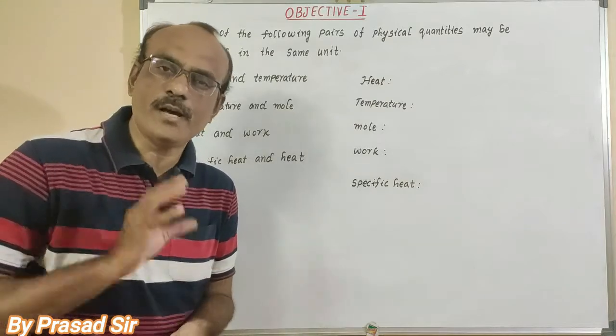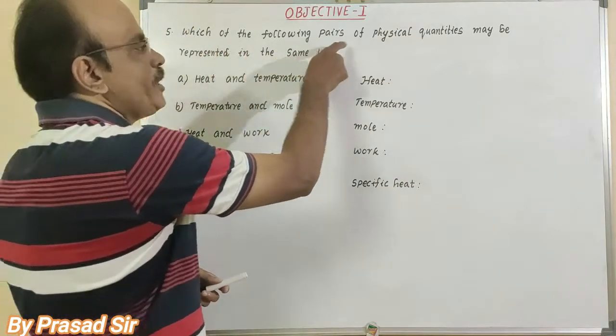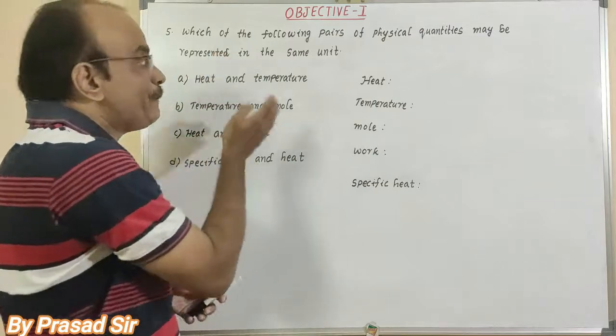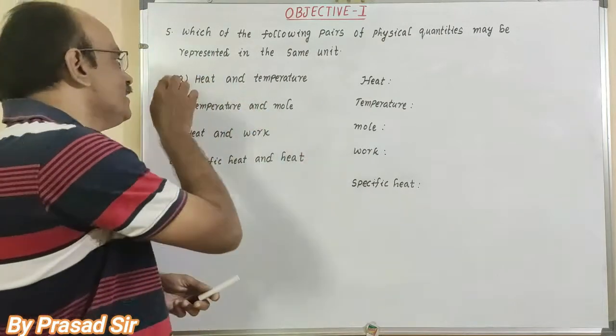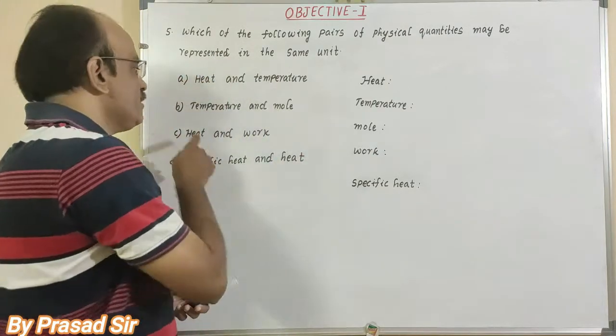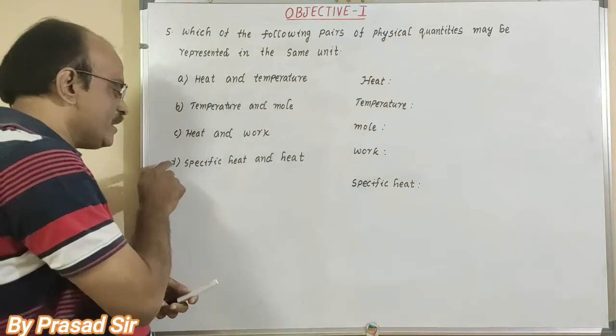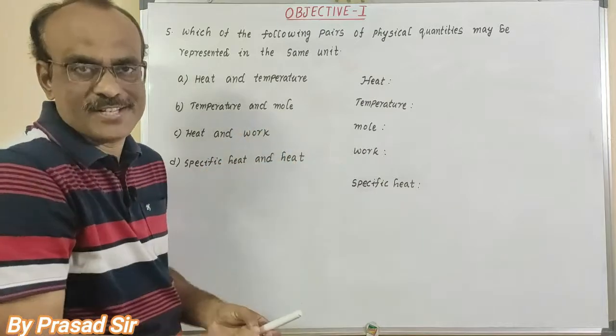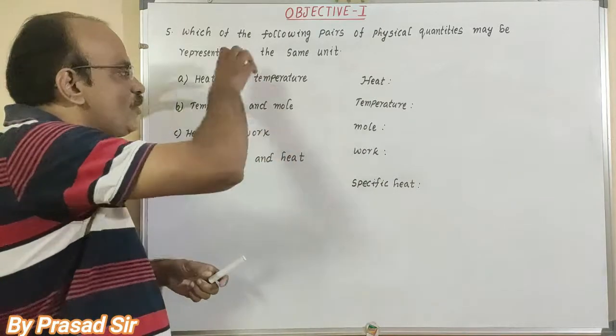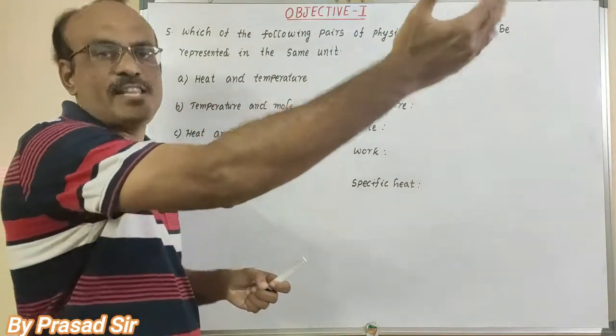Question number 5. Which of the following pairs of physical quantities may be represented in the same unit? A. Heat and temperature. B. Temperature and mole. C. Heat and work. D. Specific heat and heat. So first of all, whatever physical quantities are present, I will write the units.